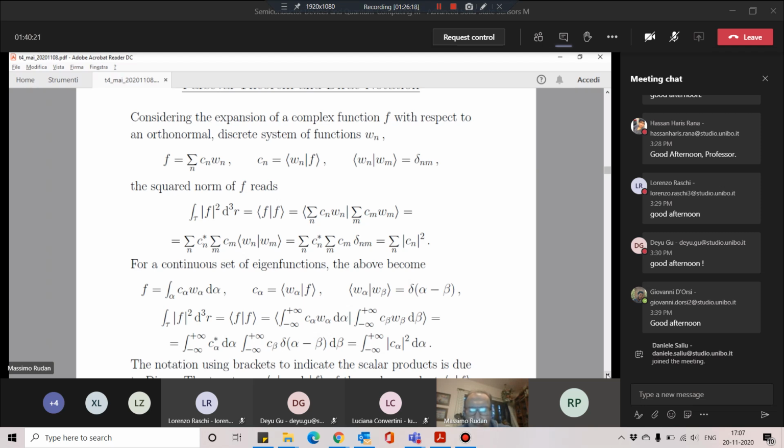So the Kronecker delta essentially kills all the pieces of the internal sum with the exception of one, the one whose index m is equal to n. Okay, so the internal sum, the one that is added up over index m, actually reduces to one term, that is Cn. And Cn is multiplied by Cn star, so you get the square modulus of Cn summed over n.